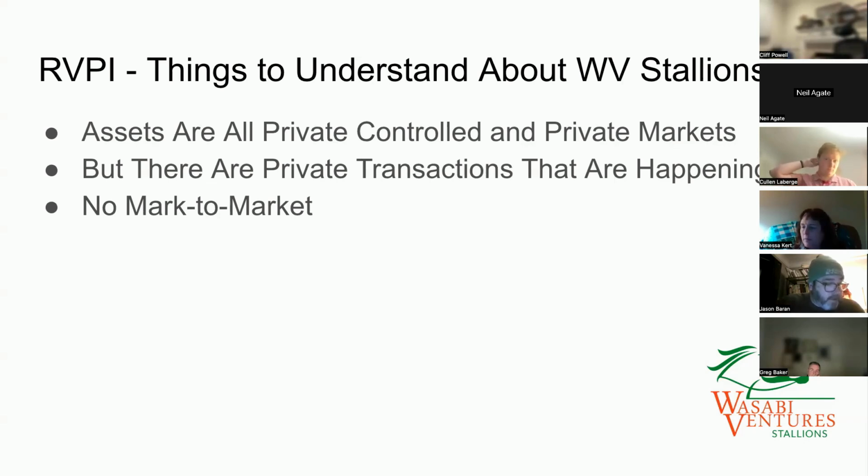If you mark to market, and let's say you have an asset that you think was worth $20,000 and now it's worth $50,000, that becomes a taxable event to your investors, even though it's all on paper. If you don't have to do mark to market, you really shouldn't do mark to market. So that's why RVPI for Stallions is not the most important thing.